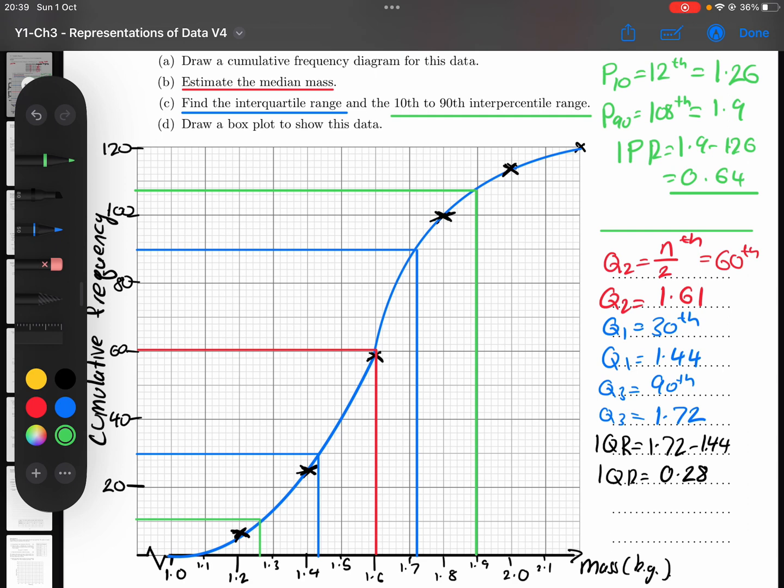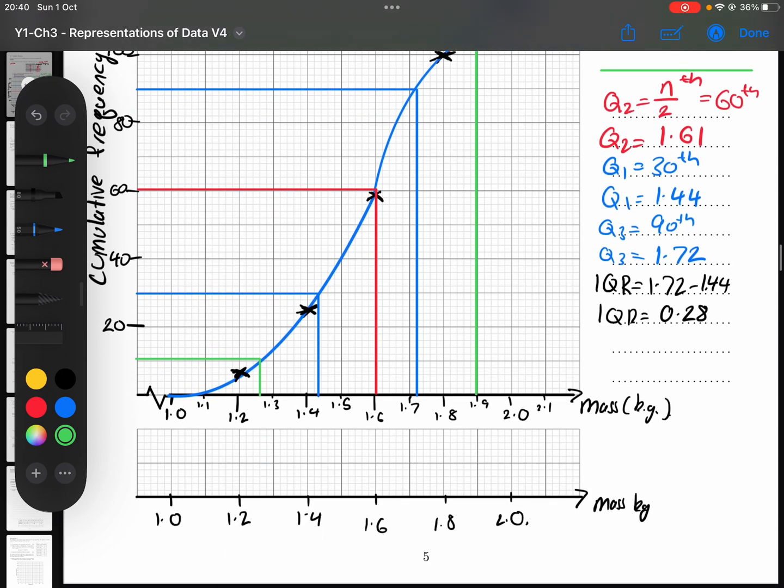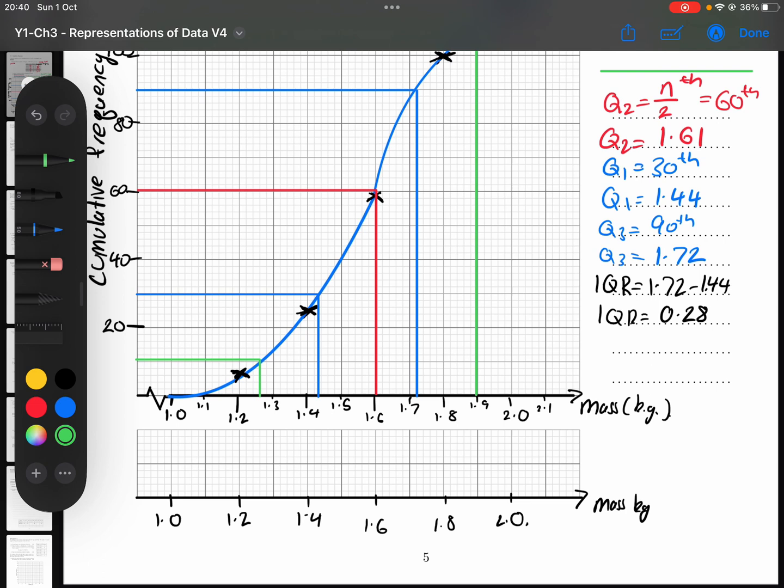In part D, we are asked to draw a box plot to show this data. It's a nice visual way of taking this two-dimensional graph of our data set and putting it into a one-dimensional plot. Assuming that there are no outliers, we can condense this two-dimensional image into a one-dimensional box plot.